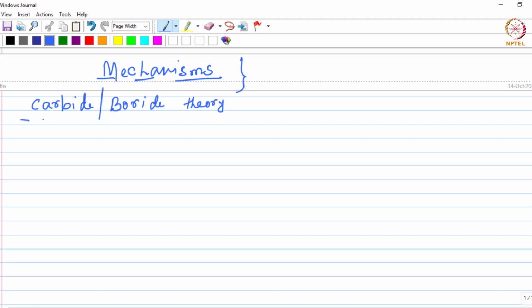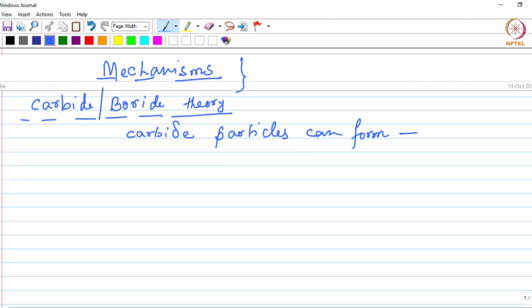So this basically says, as the name suggests, that some carbide particles can form in the presence of titanium in the liquid metal, and those will act as the heterogeneous nucleation surface. So if you have titanium, then titanium carbide will form even without the addition of carbon externally.